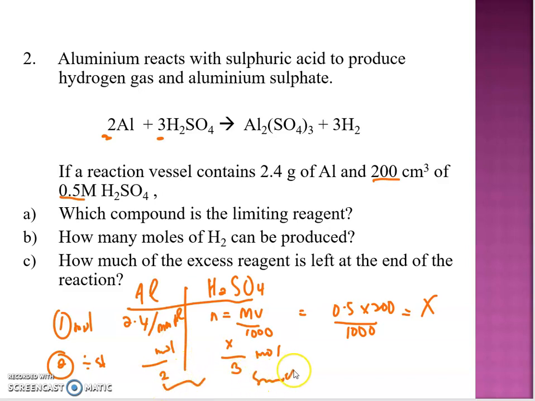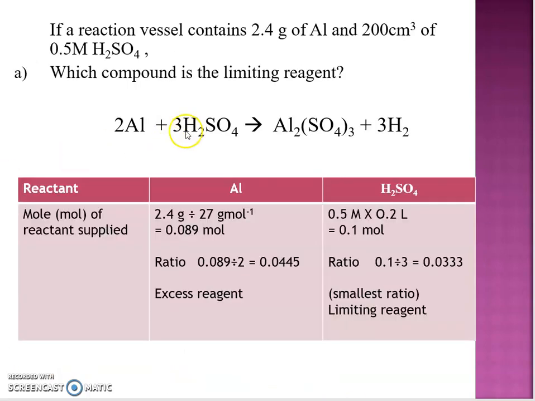Who is the smallest? Okay, bila dah dapat, kita tahulah siapa limited reactant, siapa adalah excess reagent. Okay, so dalam kes ni, bila dia dah selesaikan, dapati bahawa H2SO4 has the smallest ratio. Okay, so H2SO4 is the limiting reactant and aluminium is the excess reactant.